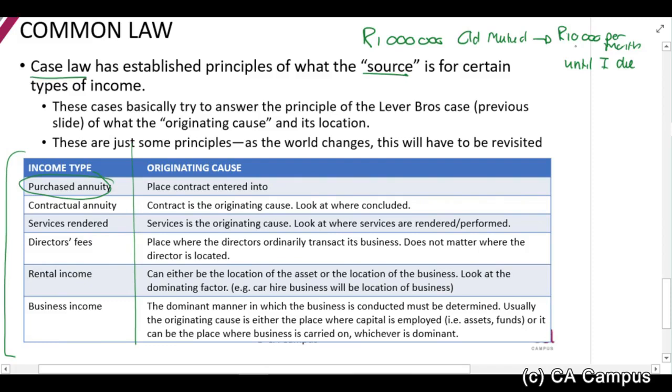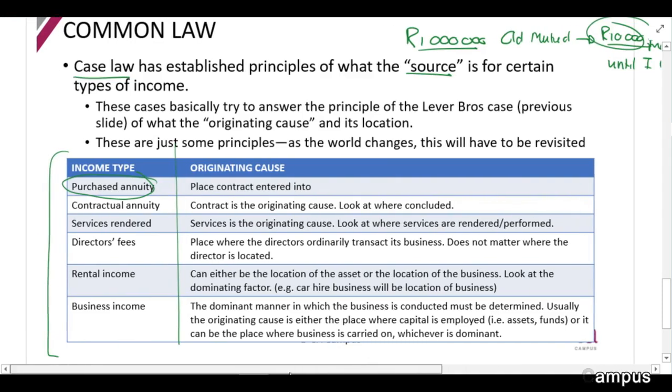So if I live for 50 years, Old Mutual is going to be out of pocket. If I only live for 5 years, Old Mutual scores. But this is a purchased annuity. I pay to get 10,000 rands per month for the rest of my life. What is the originating cause? It's the place where the contract was entered into.